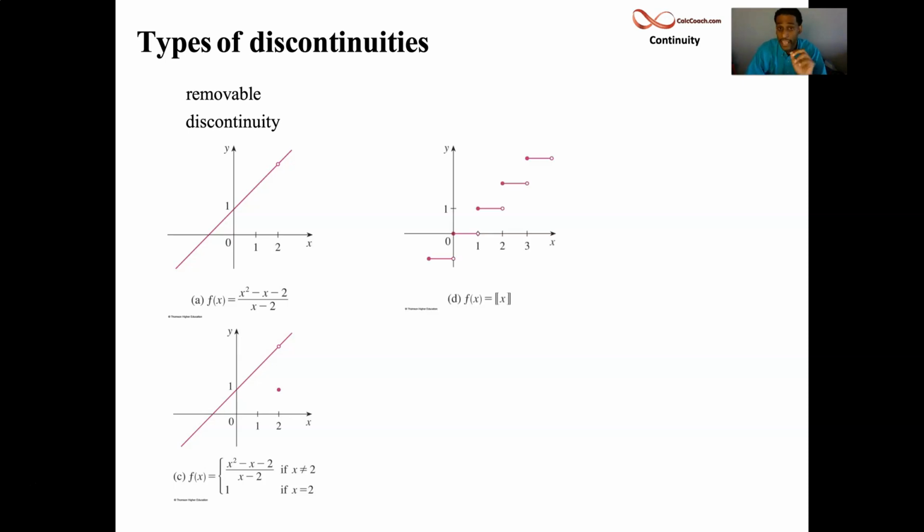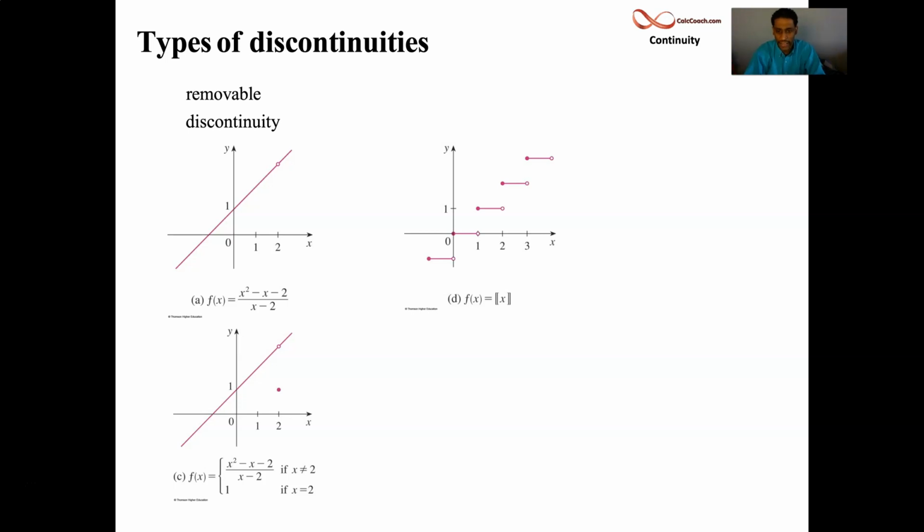Now, the second category is when you have the function from the left hand, the limit is actually someplace else than what's going on from the right hand. The limit from the left is not equal to the limit from the right. This particular type of function is called the greatest integer function. If the number inside is 1.5, the greatest integer less than or equal to 1.5 is the output value, which is 1.